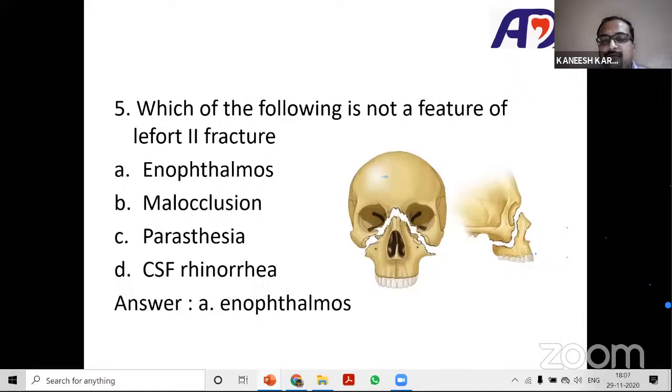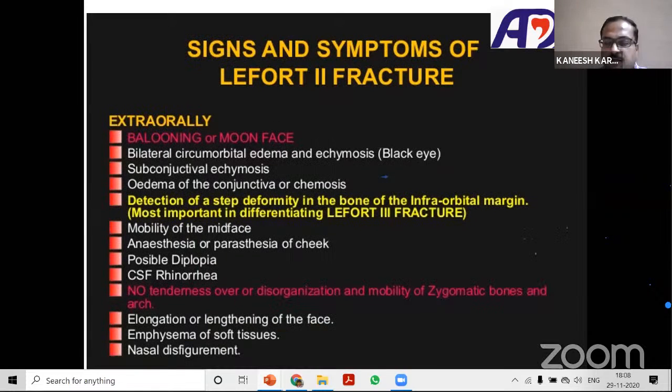Le Fort 2 is a pyramidal fracture which involves the maxilla and the nasal bones, the infraorbital region. These are the clinical features of Le Fort 2 fractures: ballooning or moon face, step deformity, mobility of the maxilla. But no anophthalmos.